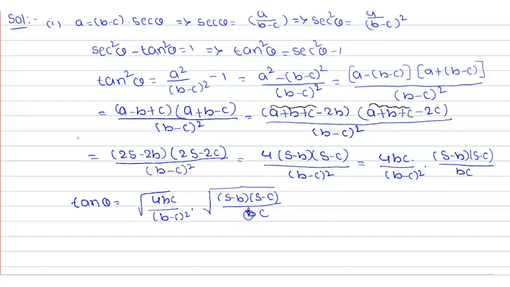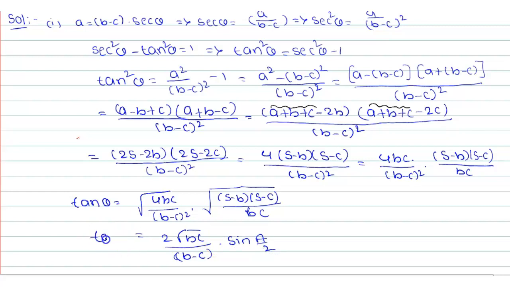So this is equal to root 4, which is nothing but 2, root bc by the square root, which will get cancelled. Here we can write it as b minus c, and this is the formula for sine A by 2.